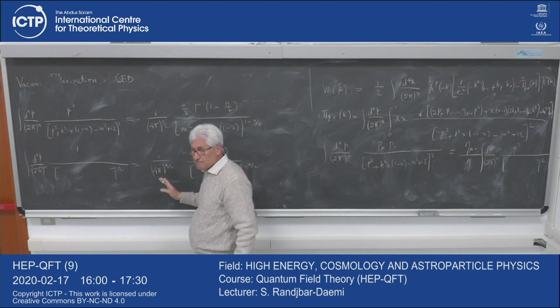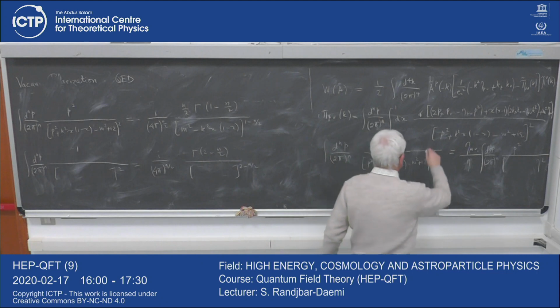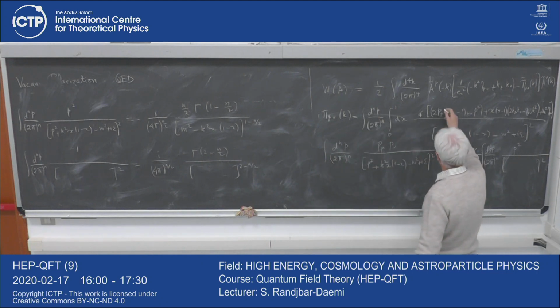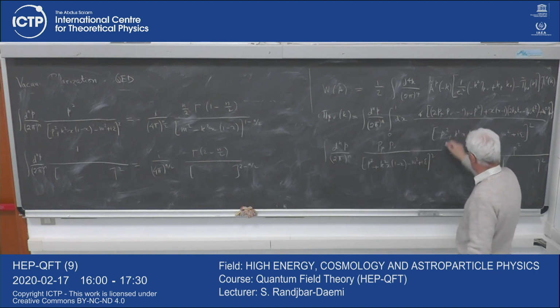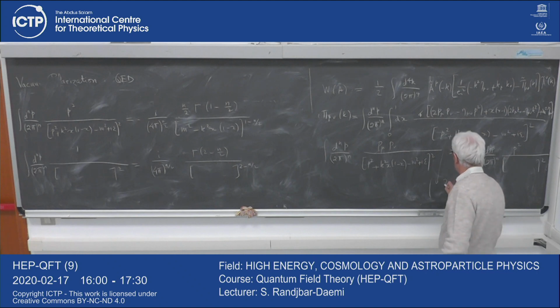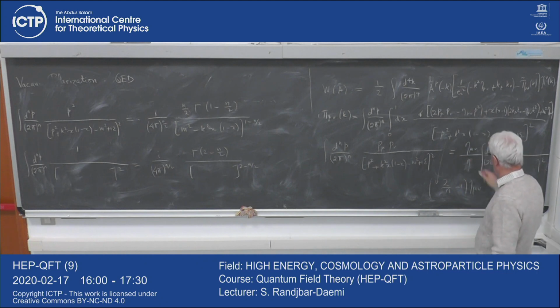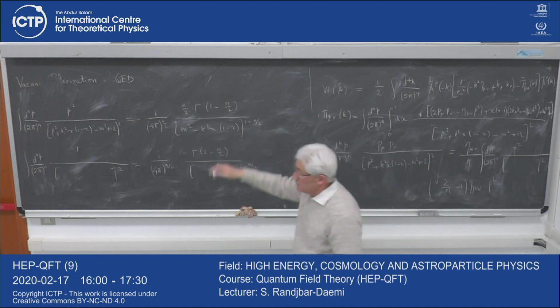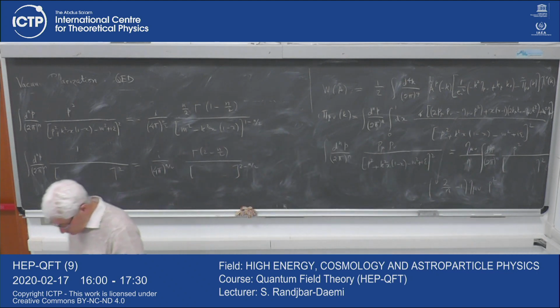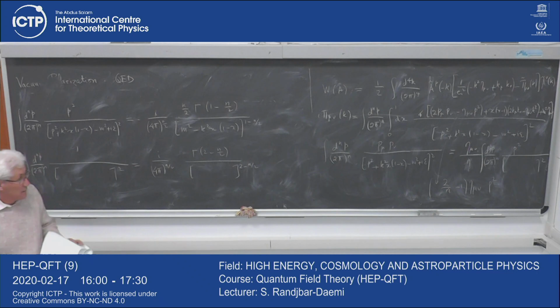So the coefficient which will come from here is a factor of 2 over n minus 1 times eta mu nu. Then there will be a p squared, which we have to integrate over. So put them together.